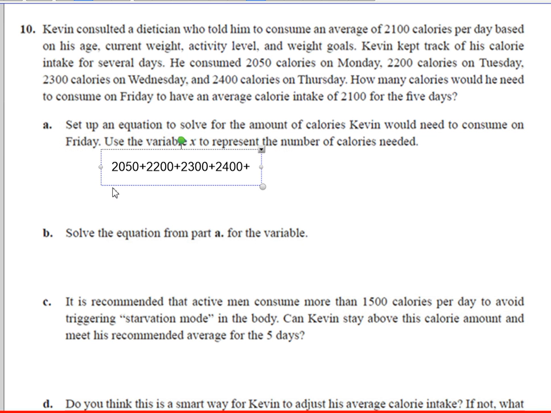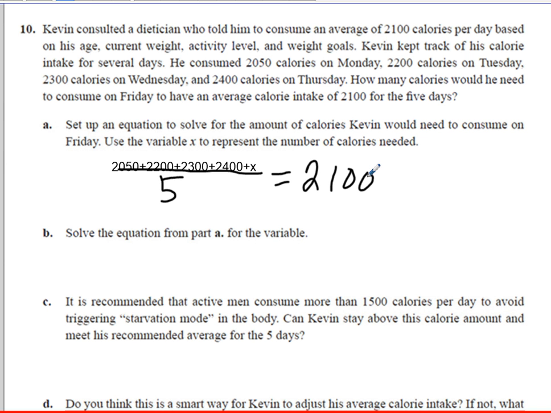They tell us to use X. And then we will divide that all by how many days? 5. And then it says that average needs to be 2,100.